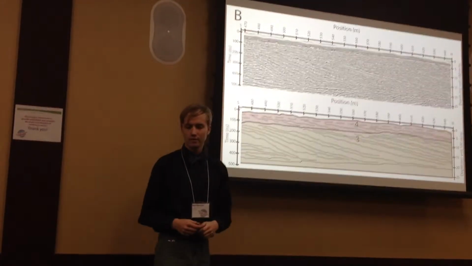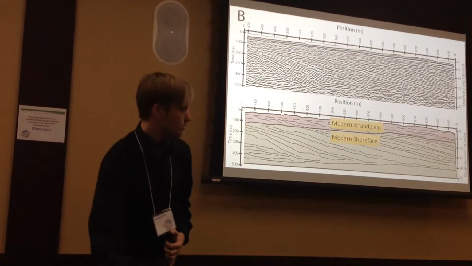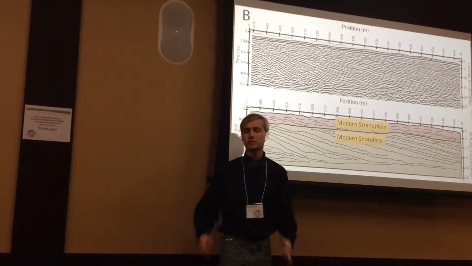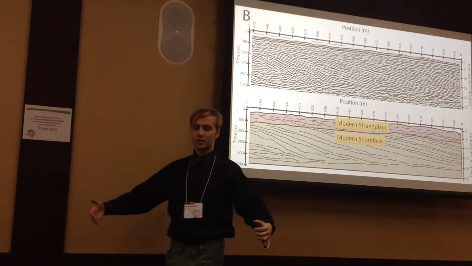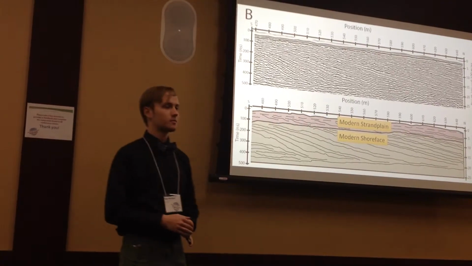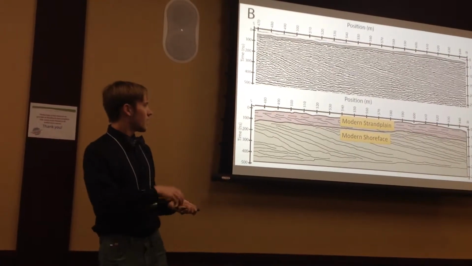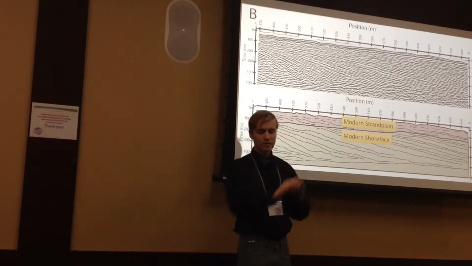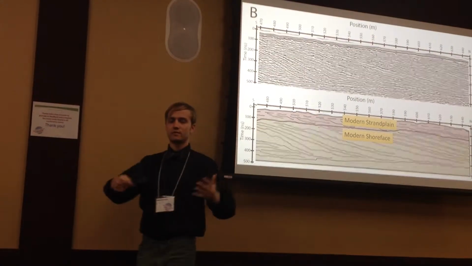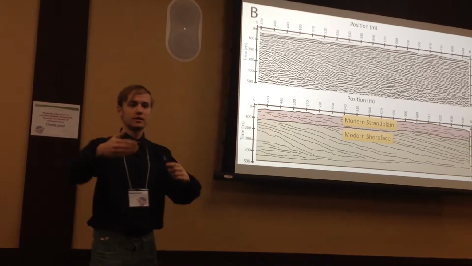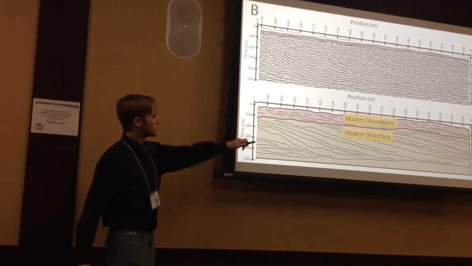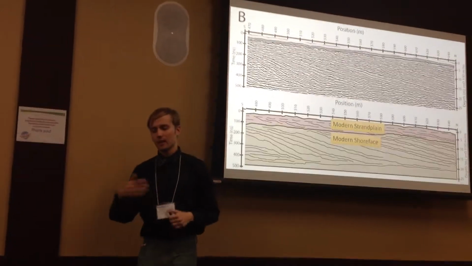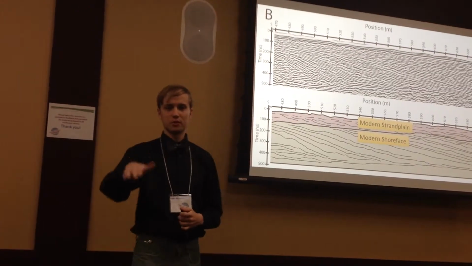I interpret the top one as the modern strand plane, so this would be the subaerially exposed portion of the tombolo, the beach essentially, and these dipping reflections represent that this feature is prograding, building out over time. This lower unit also represents progradation, except this one was deposited below the water level.